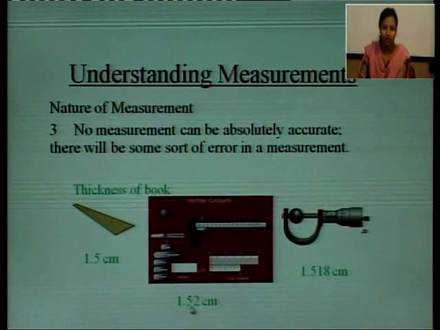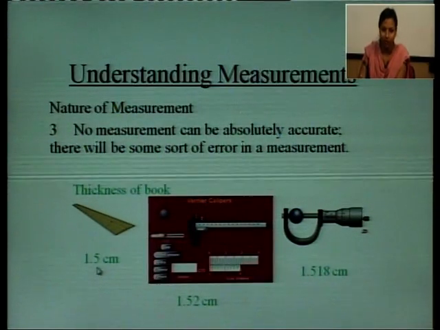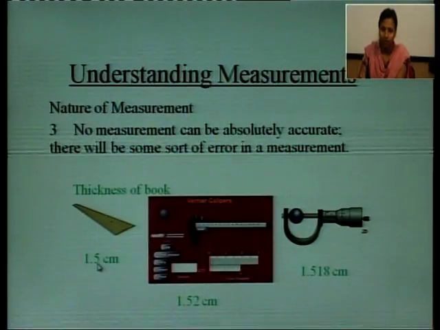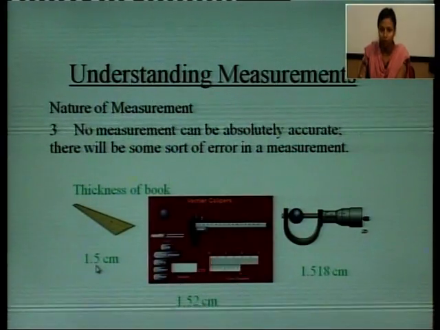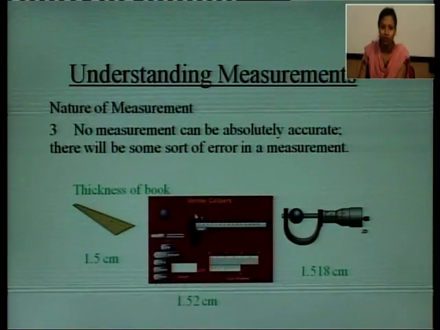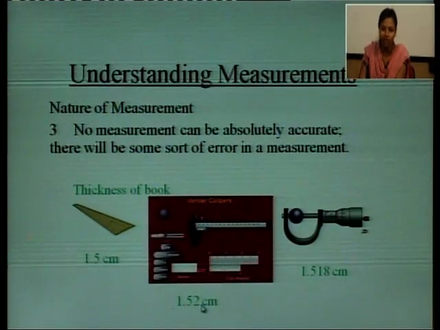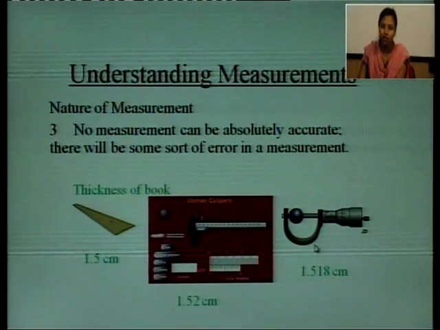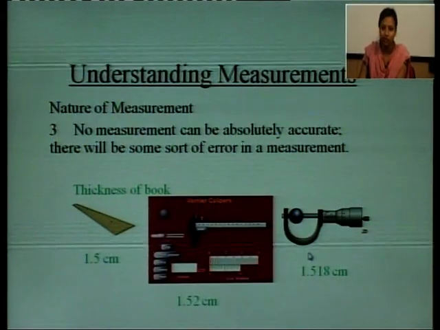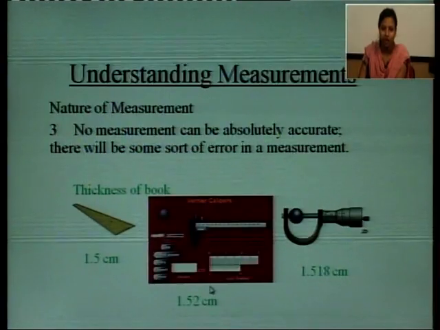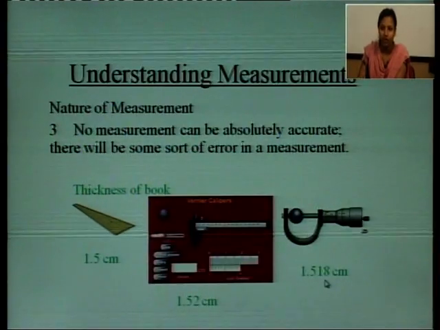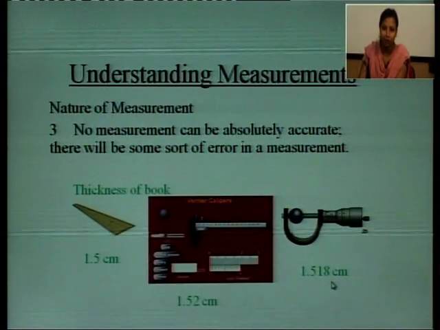With a scale we can measure up to 1 decimal point, but with the Vernier caliper we can measure up to 2 decimal points, and the screw gauge is further precise and accurate as compared to the Vernier caliper. It can measure up to 3 decimal points.